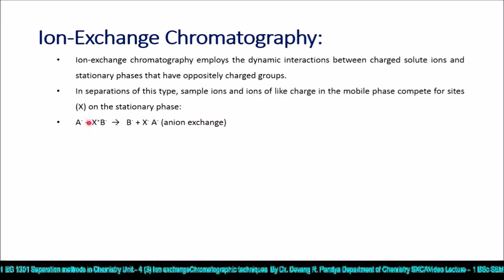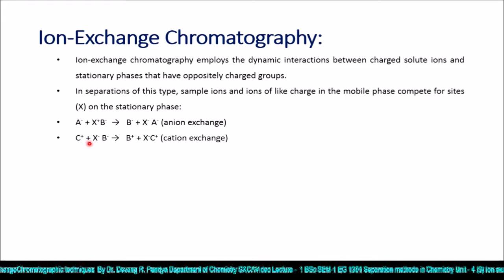Similarly, you can see A-, and here X+B-. Now A is going to replace B-, so it is an anion exchanger. Similarly, a cation is going to exchange B, so it is a cation exchanger.